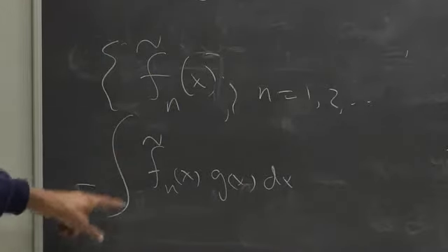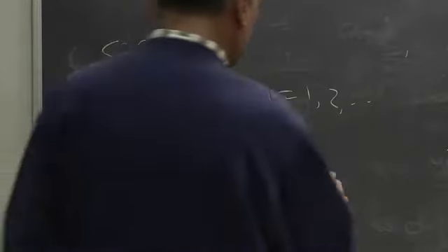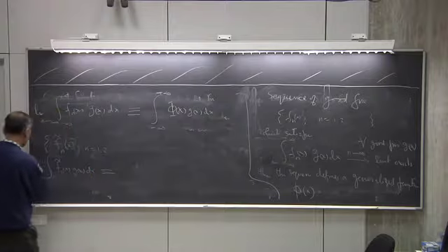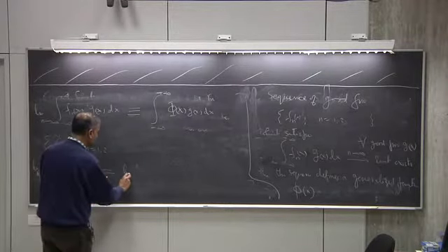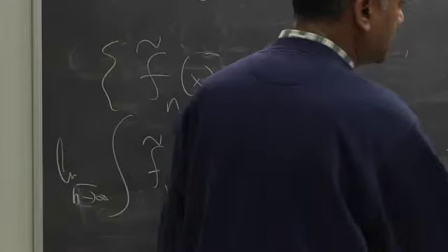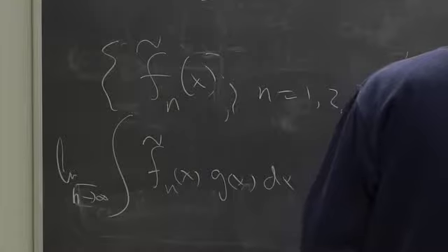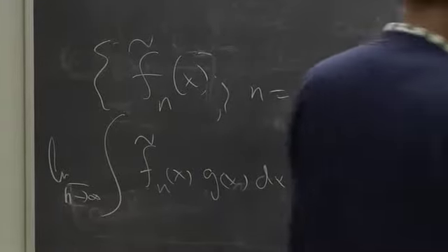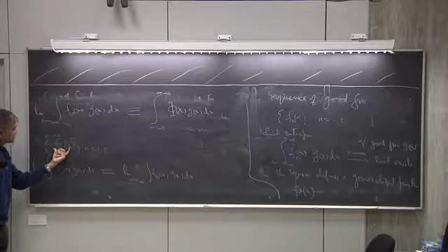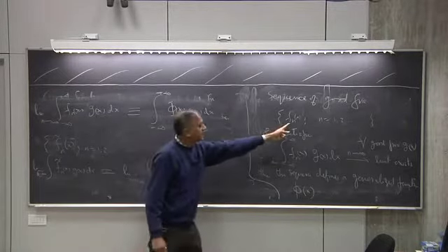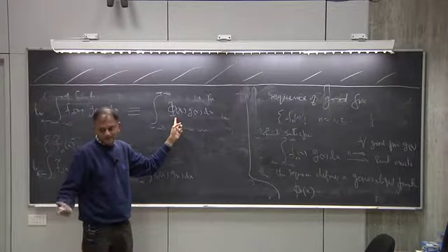Sometimes I will not write the limits, but limits are always minus infinity to plus infinity. This limit as n goes to infinity exists, and not only that, it happens to be also equal to the limit as n goes to infinity of the first sequence. In that case, you say that both this sequence as well as that sequence define the same generalized function phi.